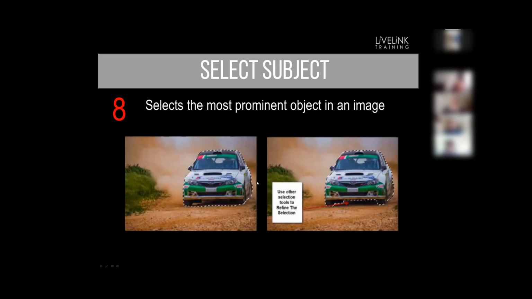If there's plenty of contrast, it does well. You can see this, it's probably got 80% of it done. One click, done. All I've done is I've just got another tool, I think my lasso tool, lassoed round there, subtract from selection, and we're good to go. So it's really just to give you a good start. And if you've got plenty of contrast, it really does speed up your workflow.